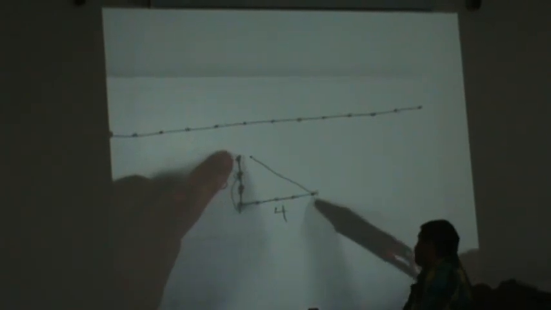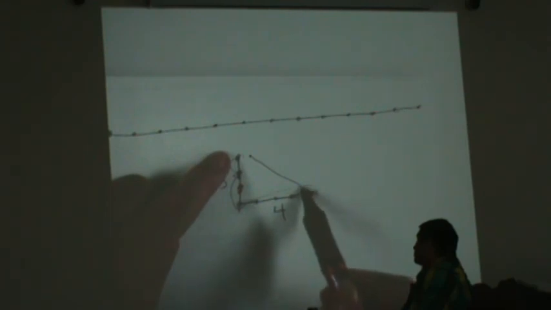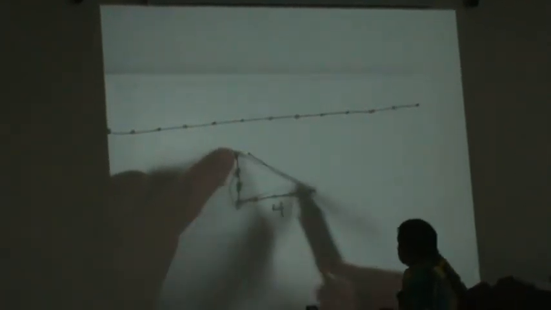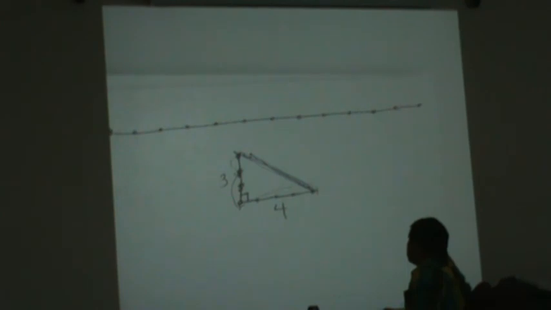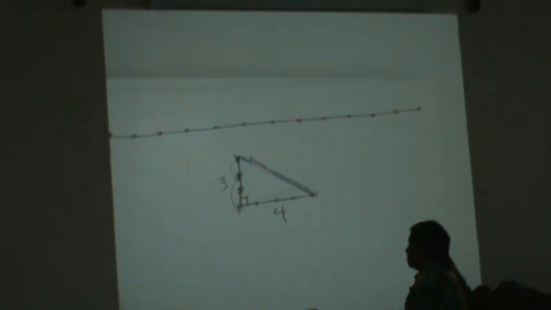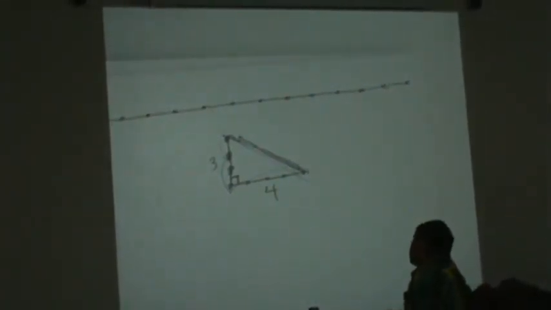If it didn't quite reach, it was too far down, he'd have to raise that corner up. He'd raise it up until that side met, and when that side exactly met, he knew that was the right triangle. And that's how they cornered off their fields. Like when they were plowing fields and stuff, that's how they cornered them off, where that 5 was going that way. So if you don't have something to tell you exactly what a right angle is, you can use that.